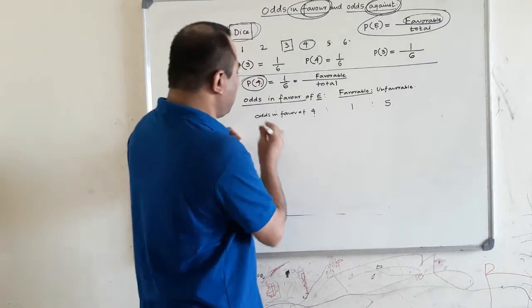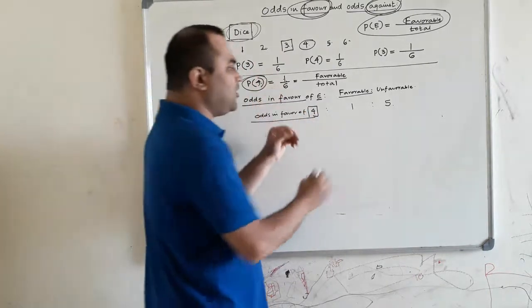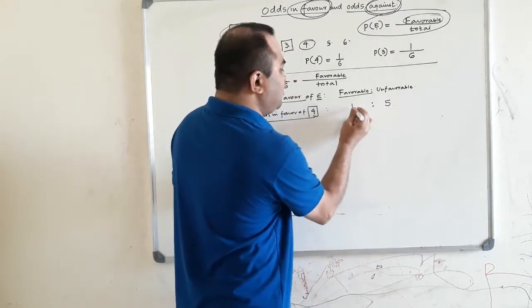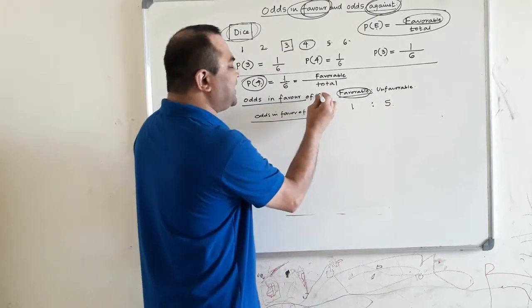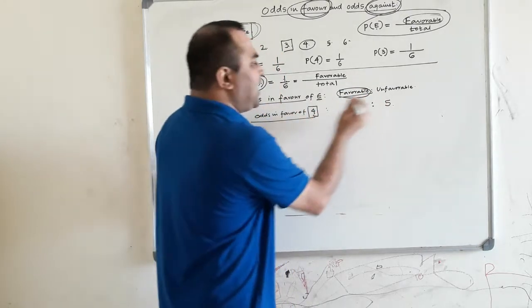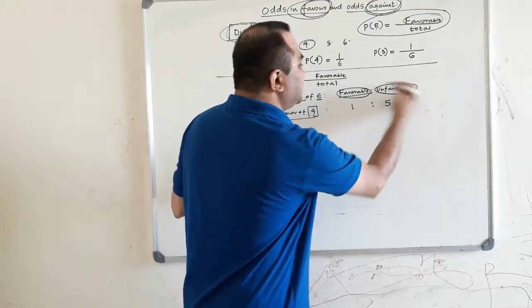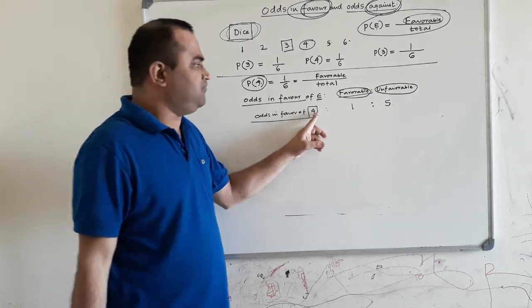So we say odds in favor of the event 4 when a dice is rolled is 1:5. The first term in the ratio will contain number of outcomes favorable for that event, here 4, and the second term in the ratio will contain outcomes that are unfavorable for that event 4 here.